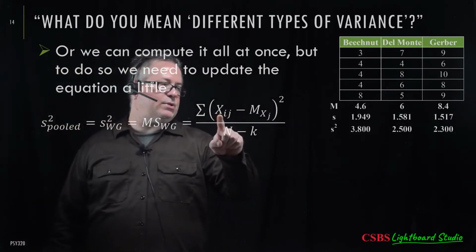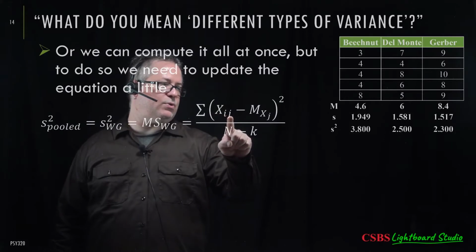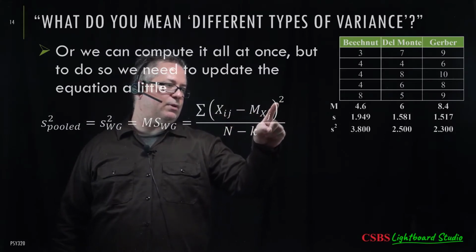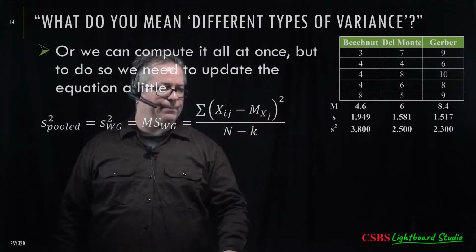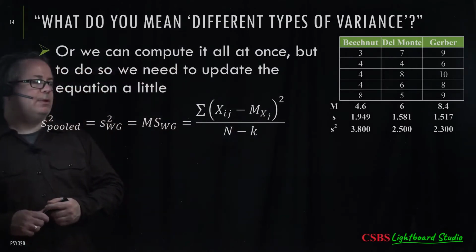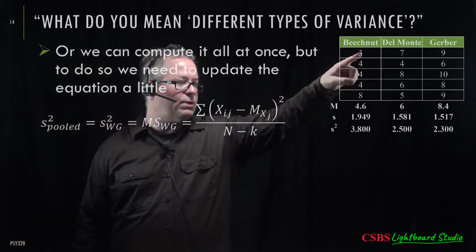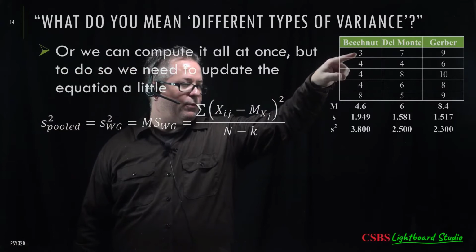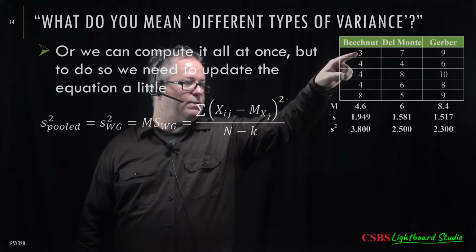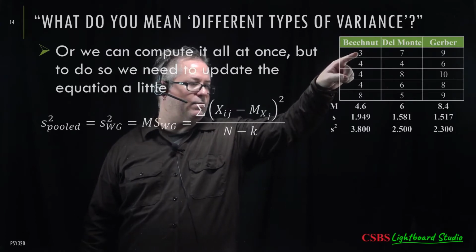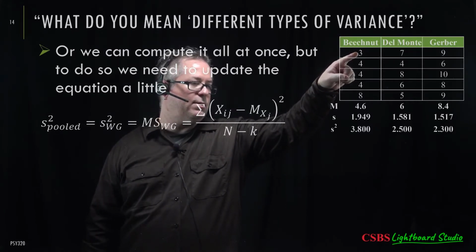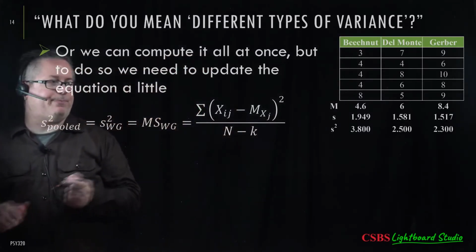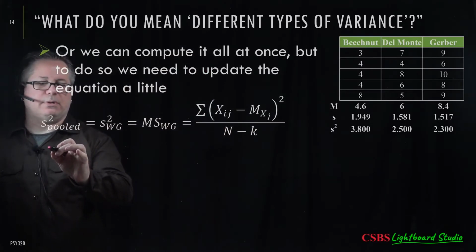So I need each individual in each group minus the mean of their group squared, over N minus k. Okay. So my first person here is this first baby, which is 3. That is the first baby in group number 1. So that's x11. All right, so we'll start with x11, which is 3.